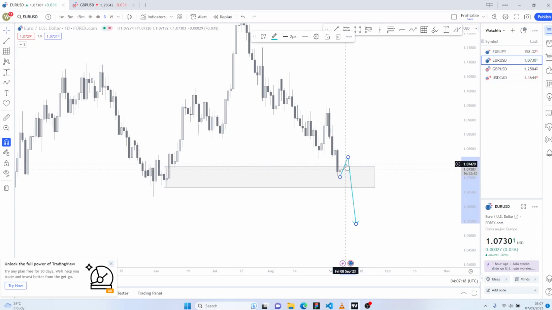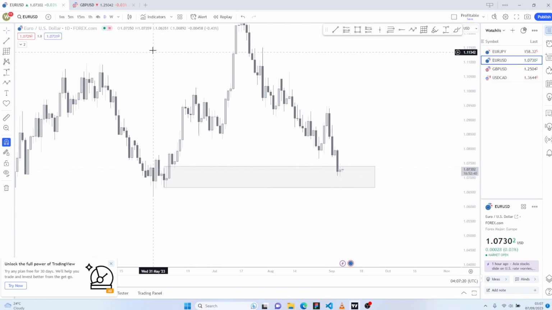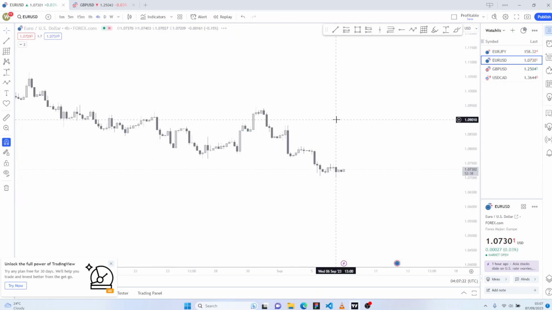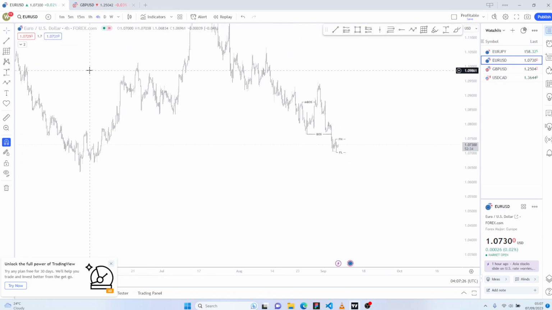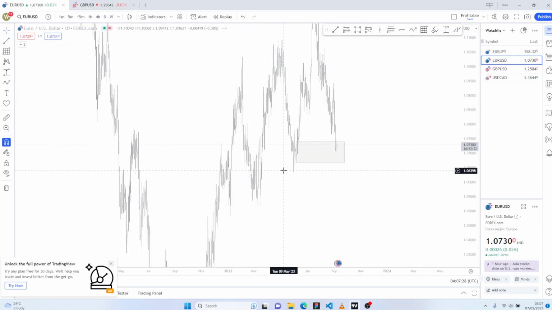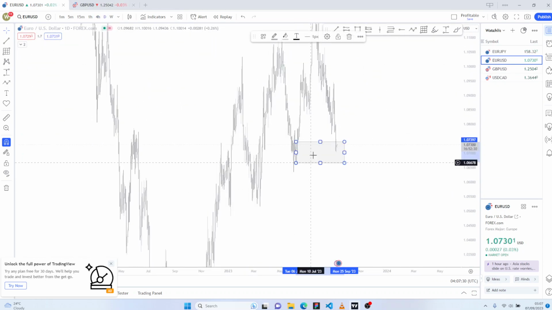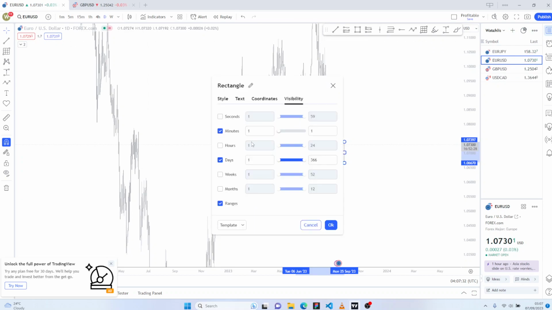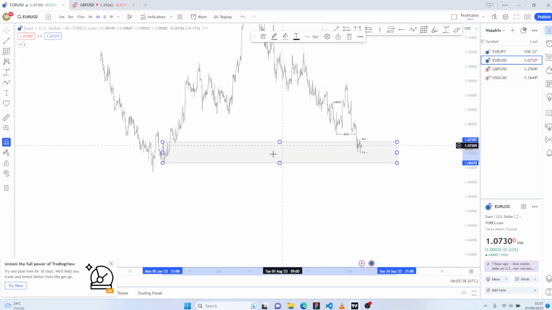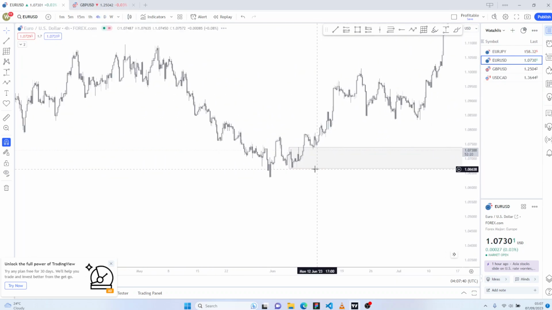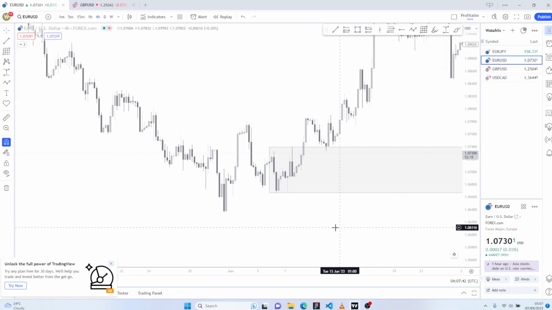Alright, so let's check out the 4 hours chart. Okay, let me just make this box visible on the 4 hour visibility. Alright, so we are on the 4 hours and let's see if we can define the zone.